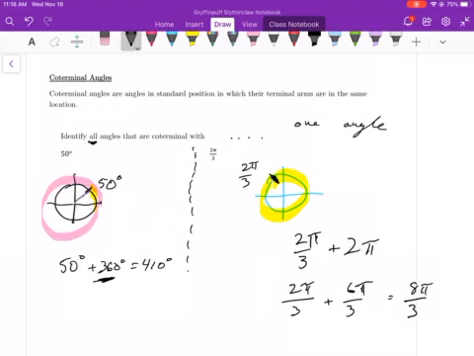Do we understand the meaning of coterminal a little bit better? Coterminal angles are angles in standard position in which their terminal arms share the same location. And since their arms share the same location, they will share the same sine, cosine, and tangent ratios, all of them.